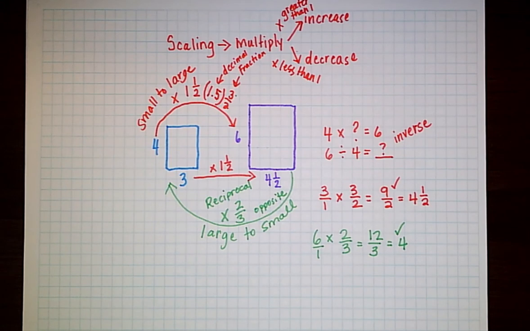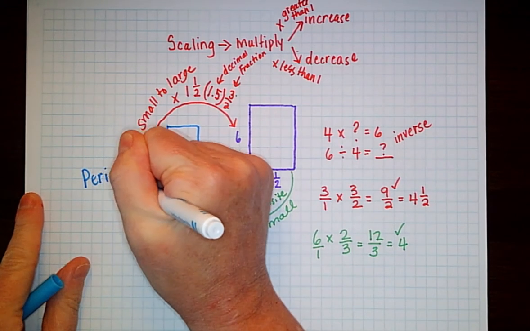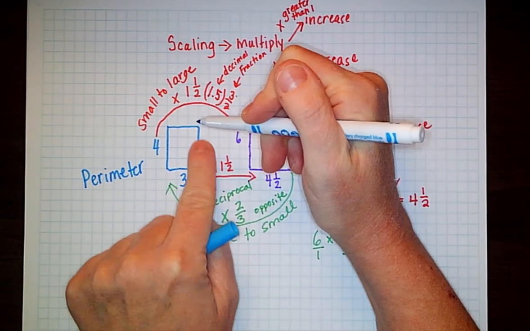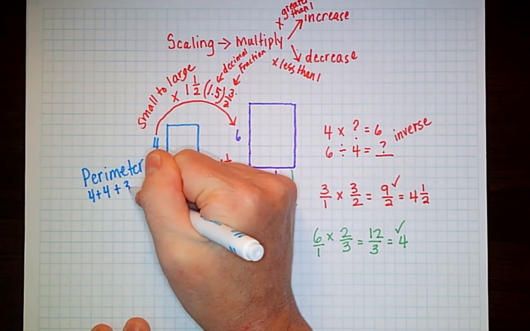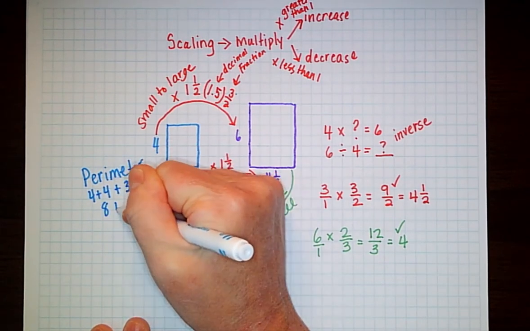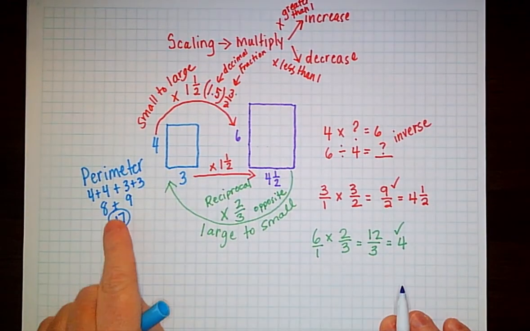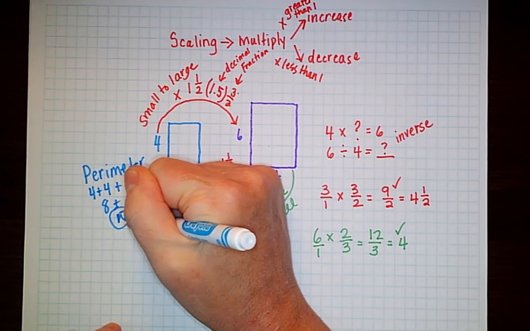All right, let's talk a little bit about area and perimeter. First the perimeter of the small rectangle: 4, 3, 4, 3. 4 plus 4 is 8, 3 plus 3 is 6.